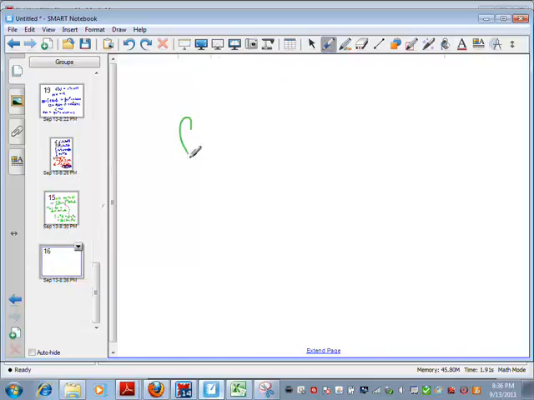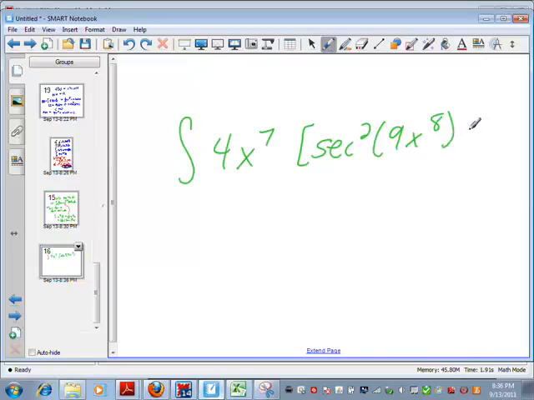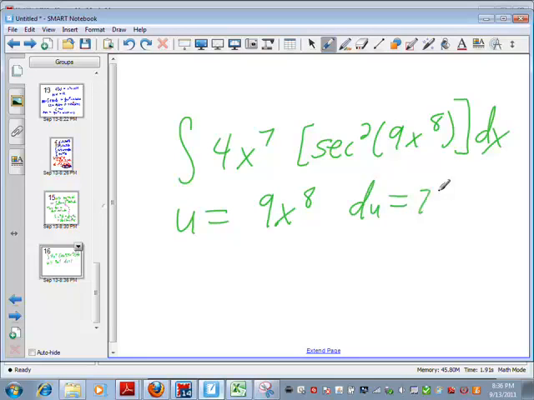So the antiderivative of 4x to the 7th secant squared of 9x to the 8th dx. Let's get it right. U equals 9x to the 8th, du is 72x to the 7th dx.